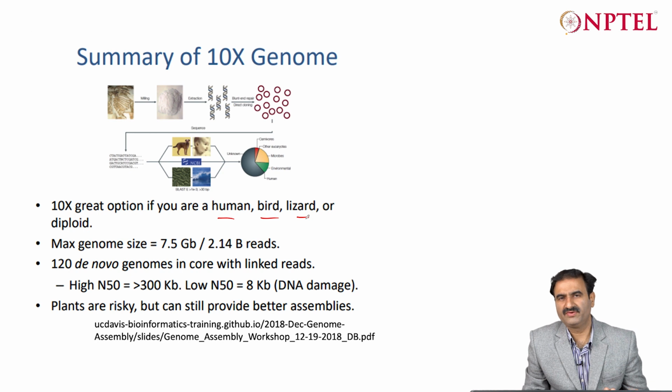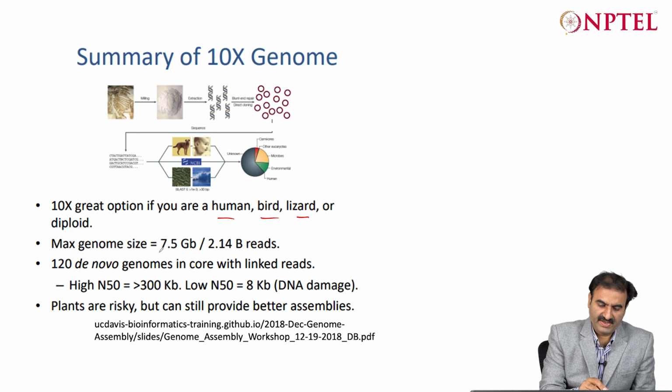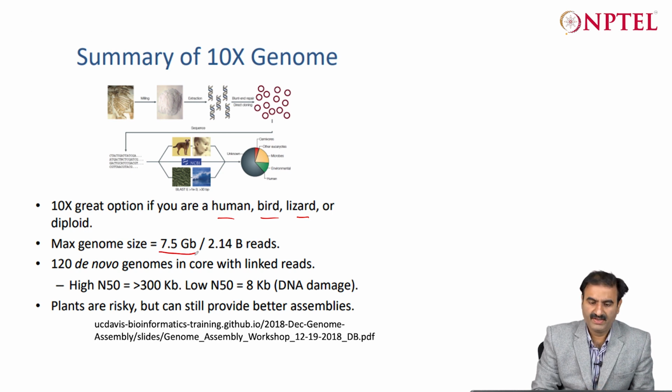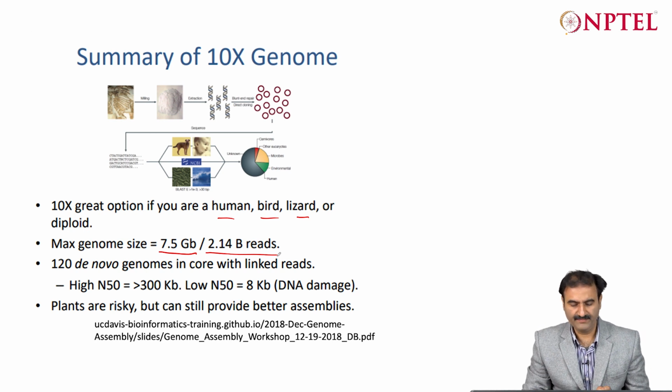Bird genomes range about 1 GB in size, so most of the birds can also be done by this. The maximum genome size it has done is 7.5 GB, but your limit is 2.14 billion reads. So in that case the coverage of the genome will reduce greatly if you go to that high genome size.